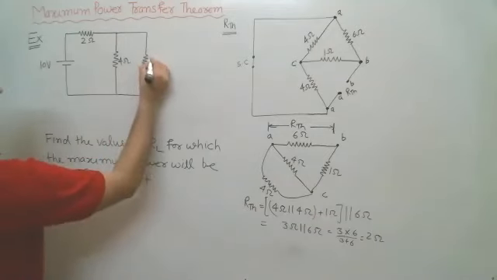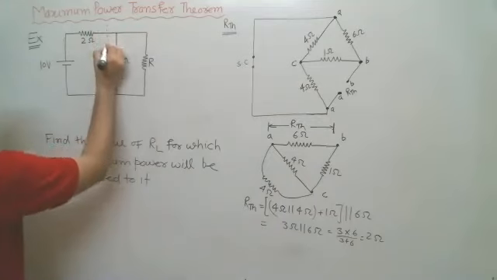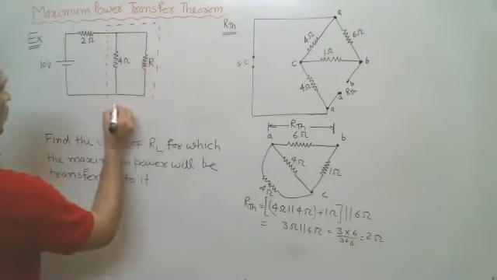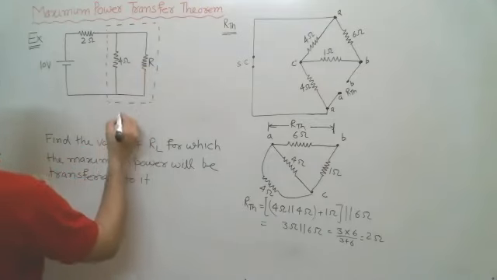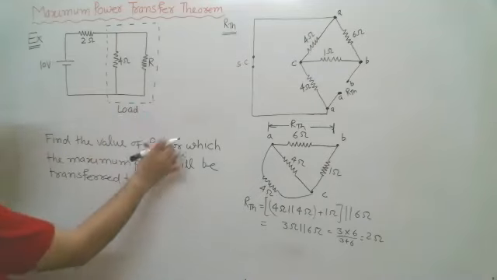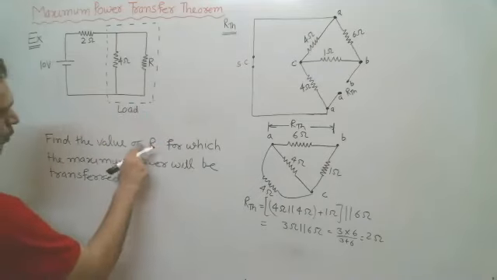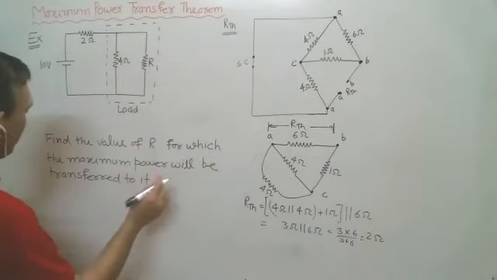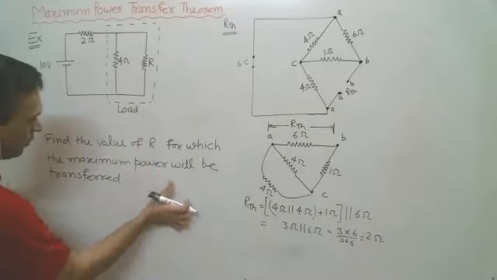Take this resistance as R. Now this shows the load. This is the load in this case. In this case, find the value of R for which the maximum power will be delivered to the load.